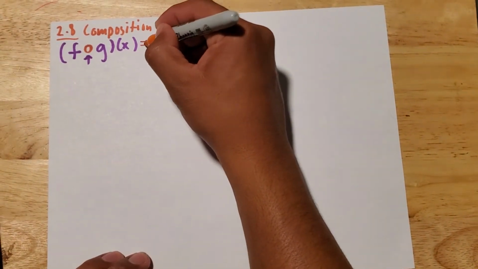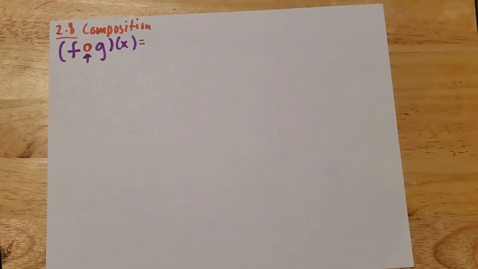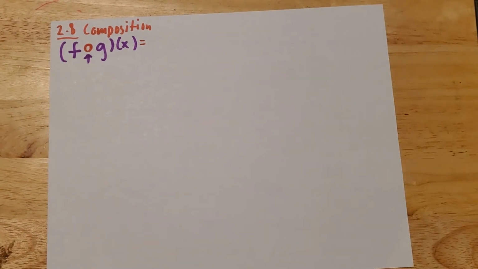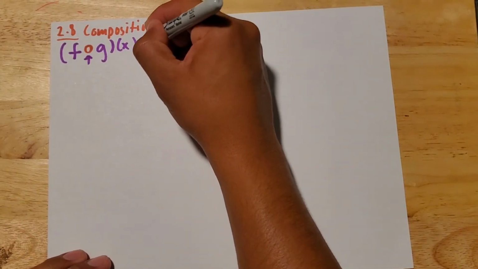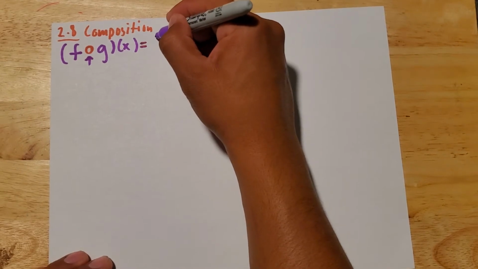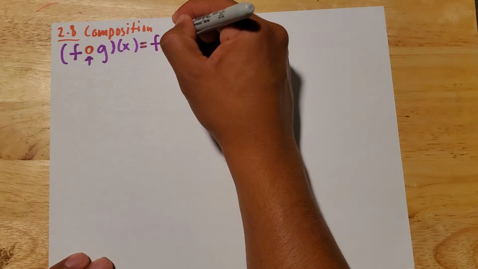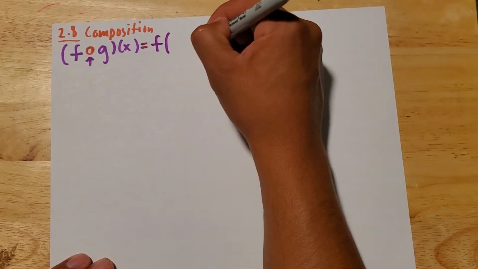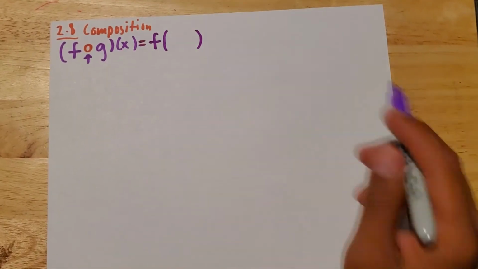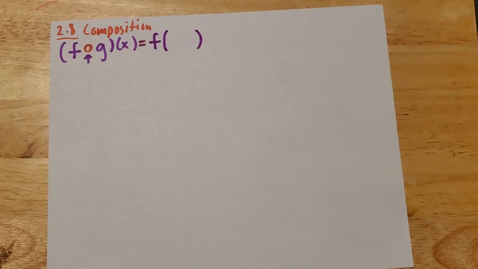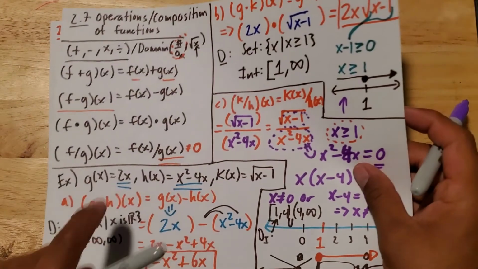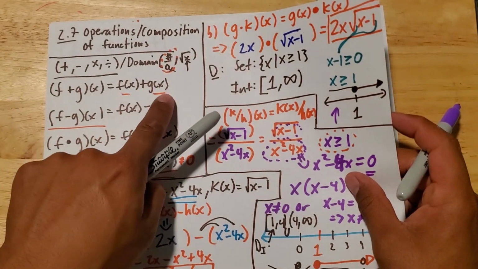What it does is you do plugging in of functions. So you can think about it as, what would happen here, it's f, but now before, when we were looking at the operations of functions, we ended up writing f of x plus g of x, or f of x minus g of x.